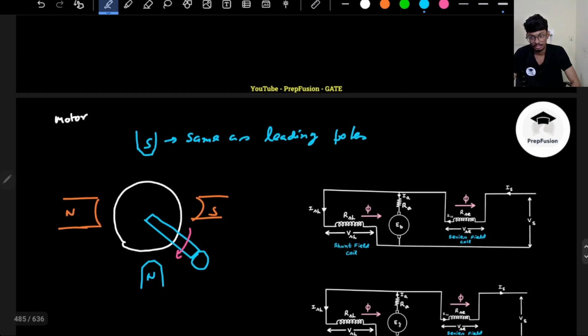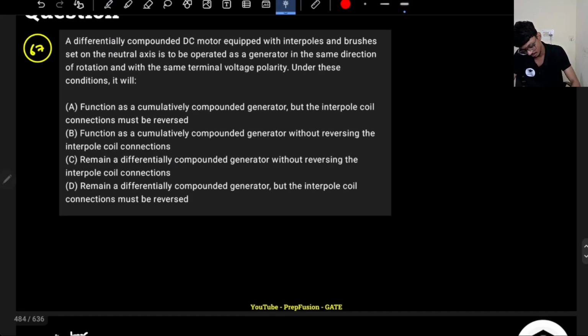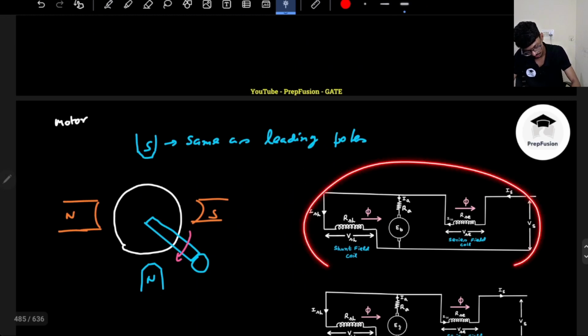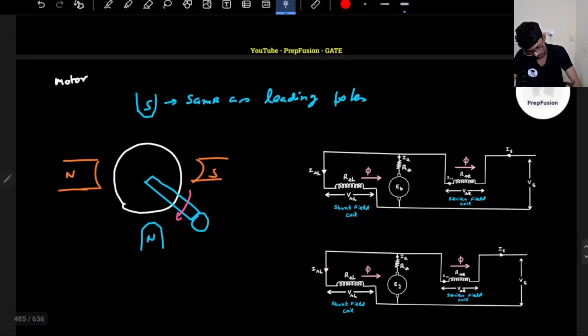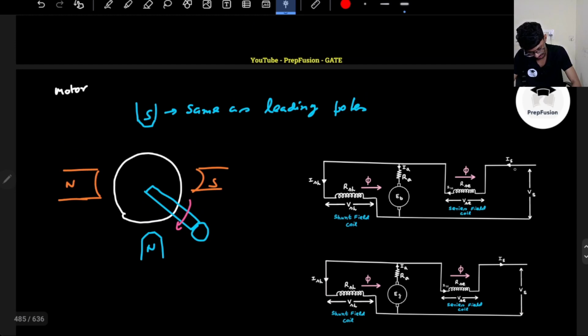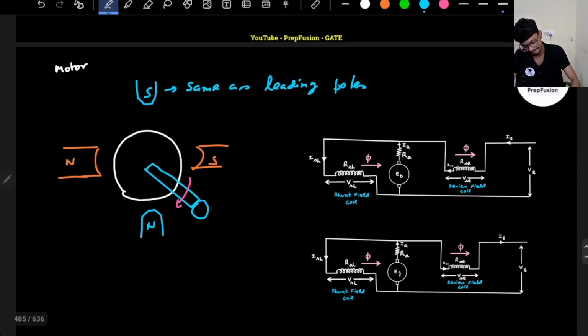Now this is my motor, and this is my generator. In case of a motor, the current directions are like this, ISH is here, IA is here. In case of a generator, the IA direction changes, hence the series winding direction also will change. Previously the overall flux was phi SH minus phi SE.